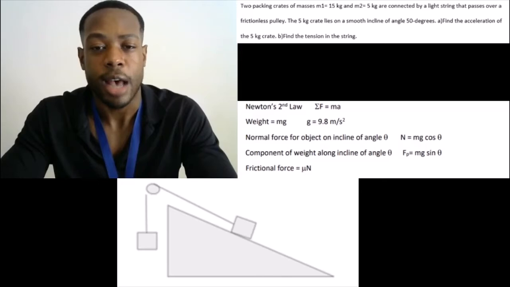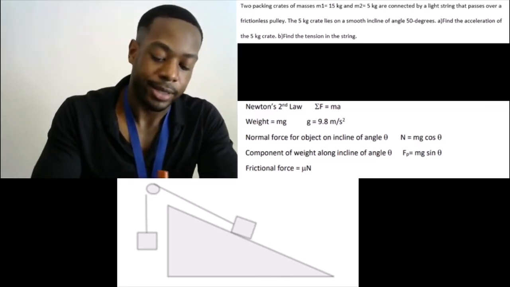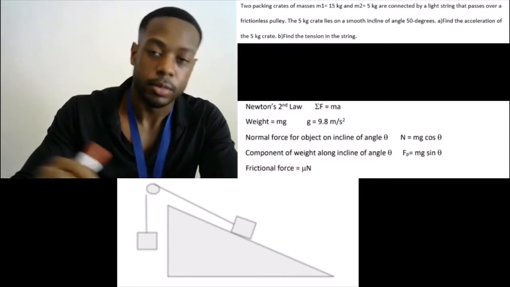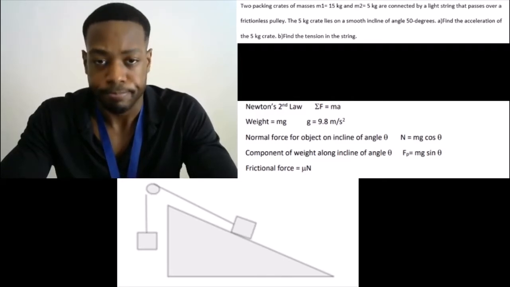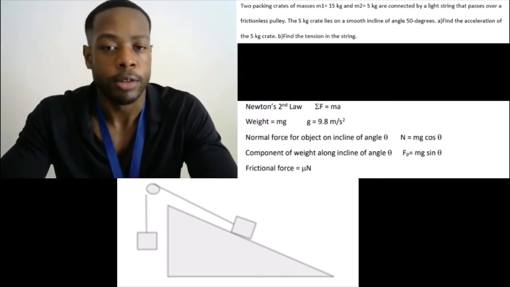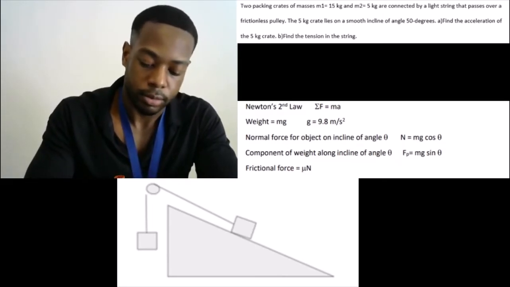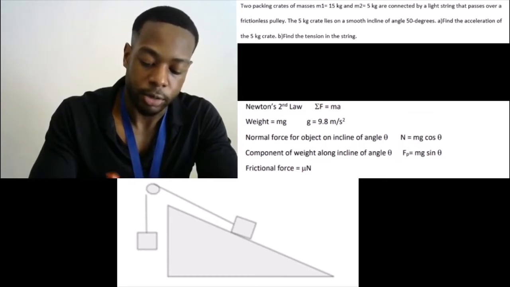Also take the time to write out your Newton's second law. Not actually connected to this, but Newton's second law is what? The sum of forces should equal mass times acceleration, right? Exactly right. And we also know that we keep our x and y separate, right? So we're going to write that twice.